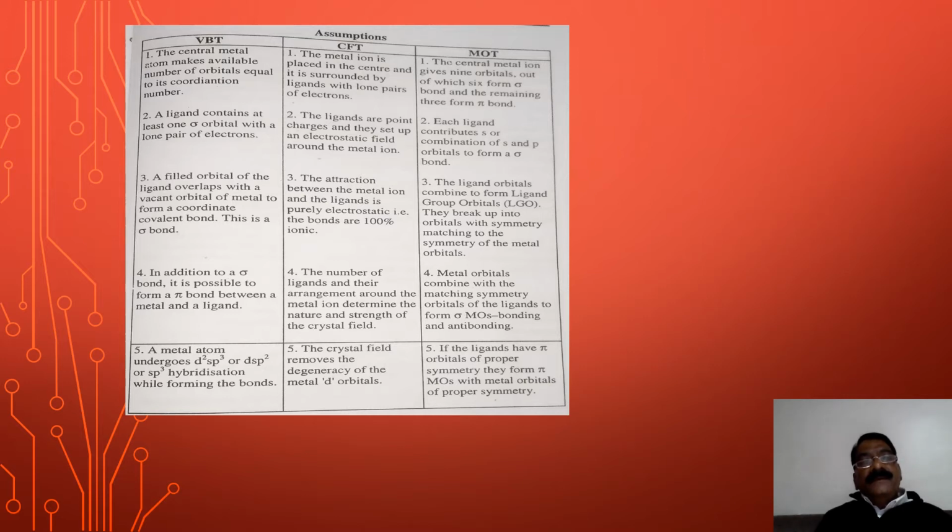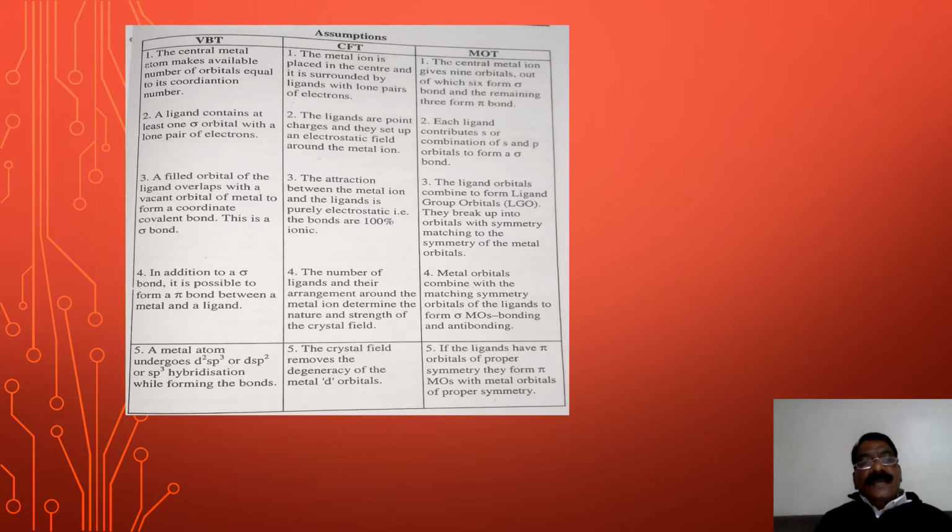Second, CFT. First assumption, the metal ion is placed in the center and it is surrounded by ligands with lone pairs of electrons. Second, the ligands are point charges and they create an electrostatic field around the metal ion.